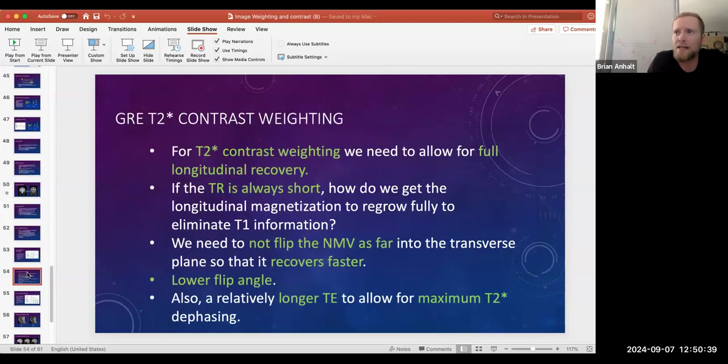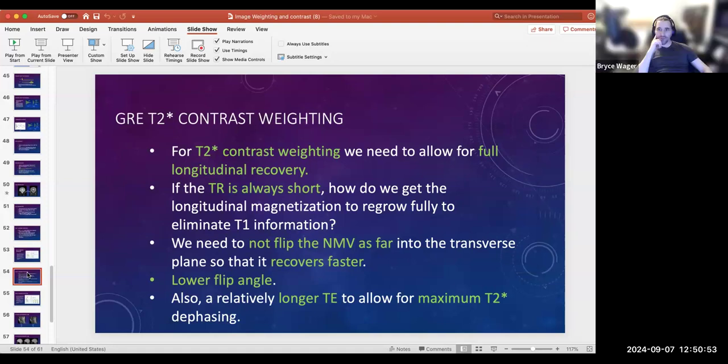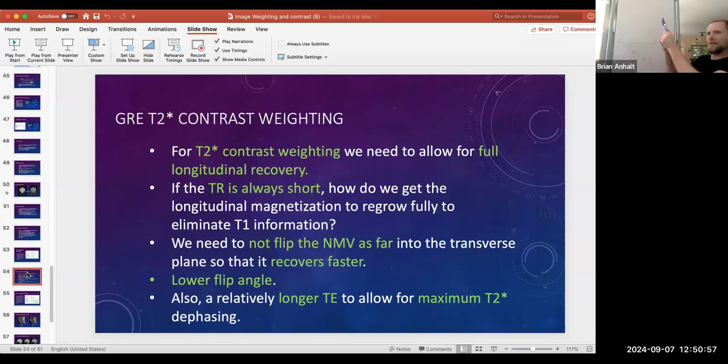So, putting that together, if you're following me, T2 star contrast, how are we going to generate that? We want to get rid of T1 information first, right? How do we get rid of T1 information on a gradient echo sequence? Shorter flip angle. Lower flip angle. So flip everything just a little bit, allowing for full longitudinal recovery between excitation pulses.